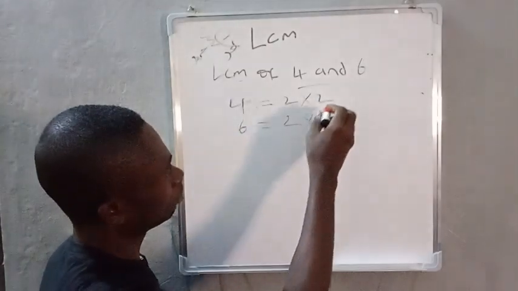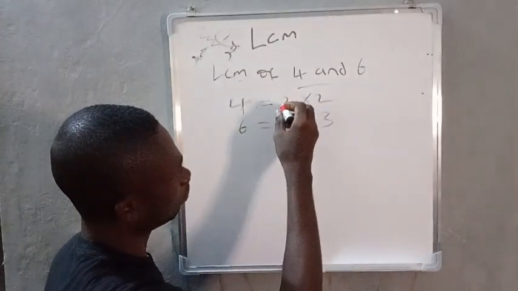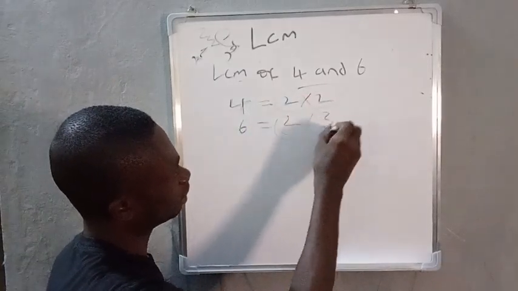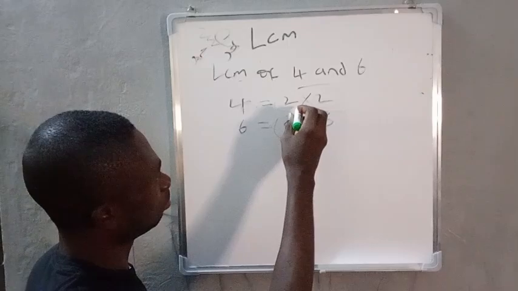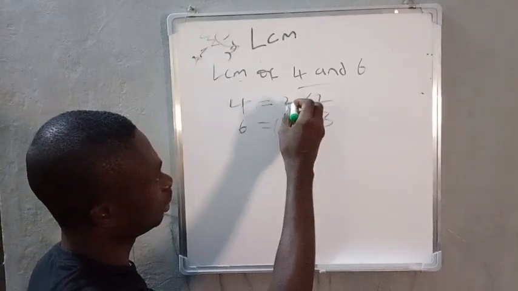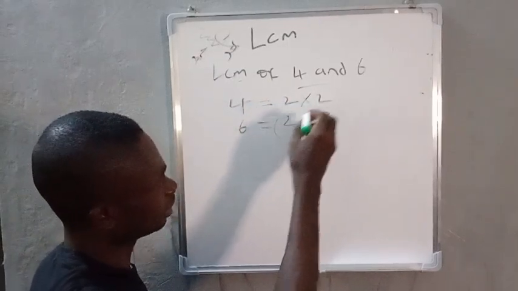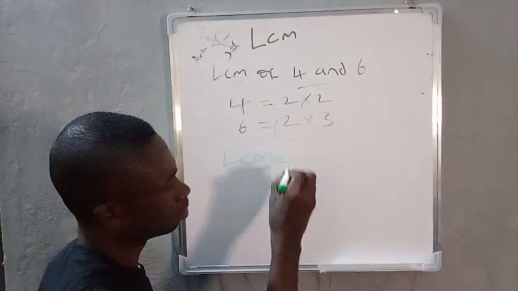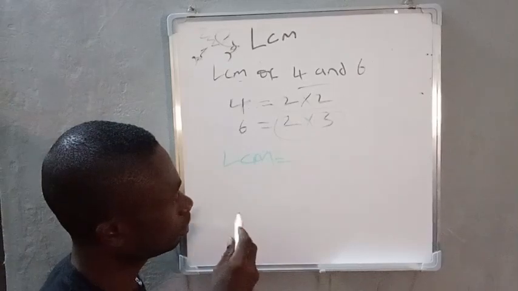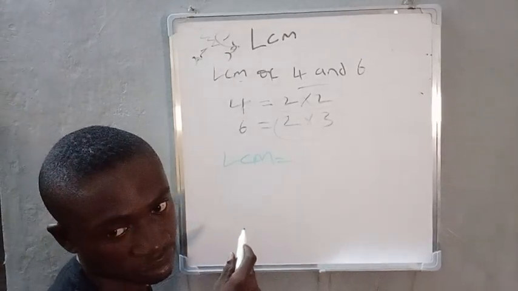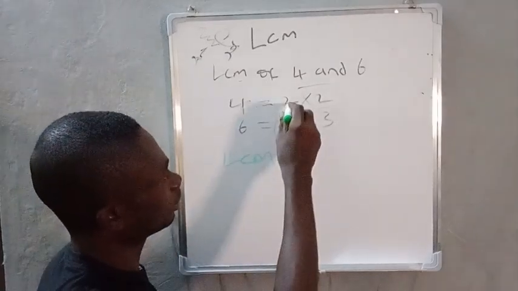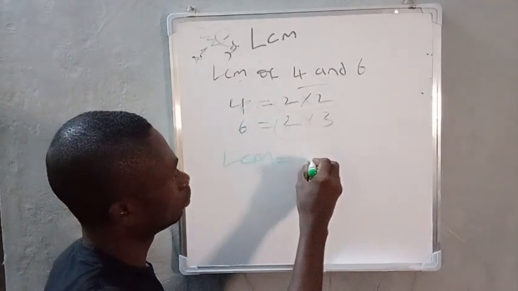To find the LCM of this, you carry the one that has the highest power here plus the one that has the highest power there. The 2 is in 2 places here, so it has the highest. So you carry this one, 2 times 2.